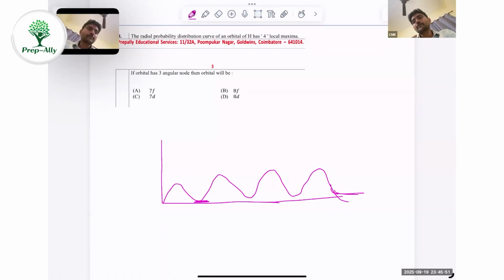Like this we get a graph. How many nodes are touching this axis? 1, 2, 3 nodes are there.